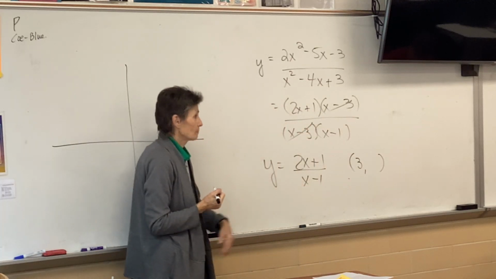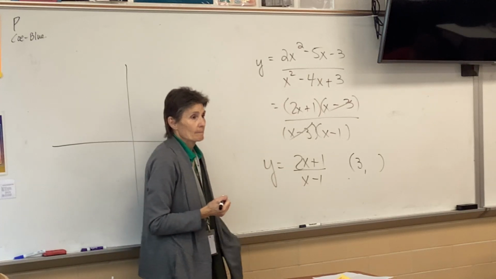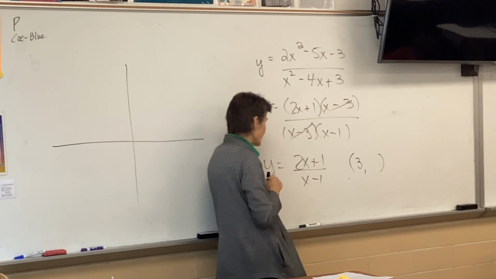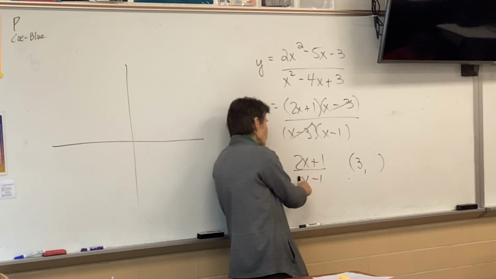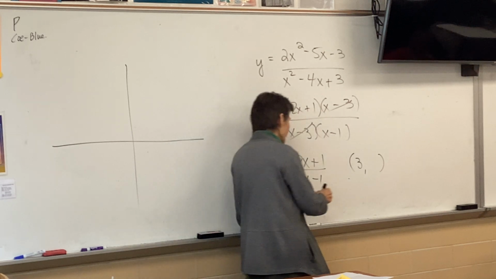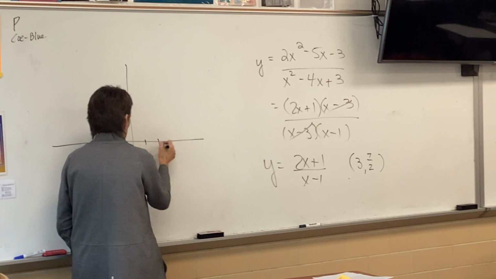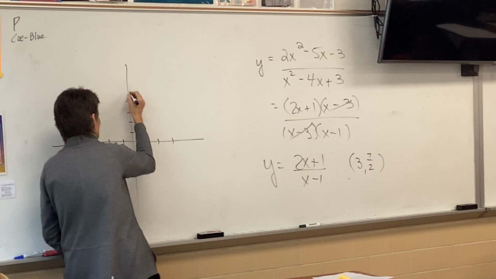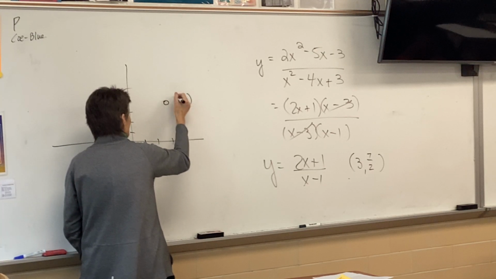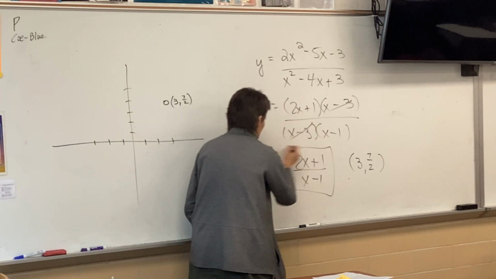Then substitute back in, and this time I get 7 over 2, which is 3.5. So the hole is at (3, 3.5). Okay, so that's done. Now I can focus on this.